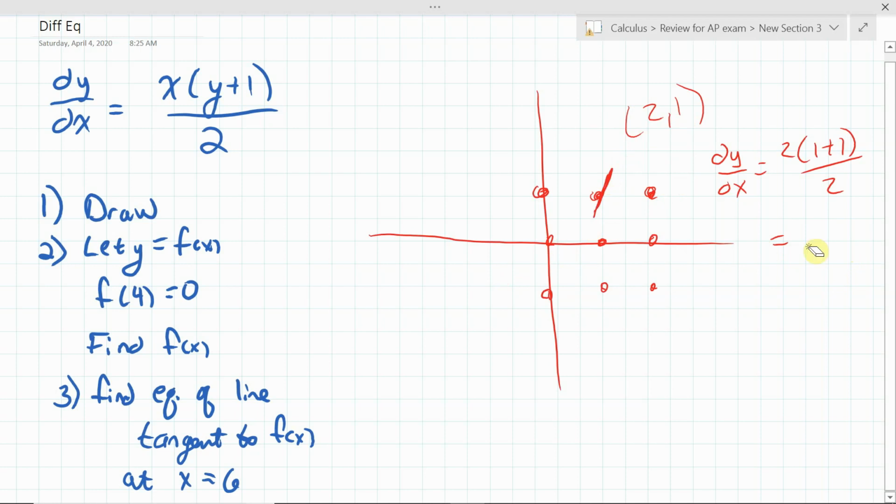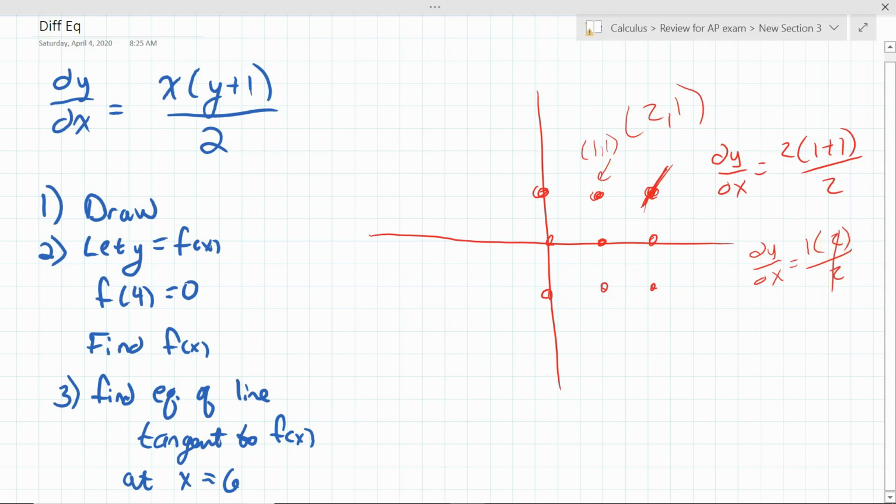Okay. So then if I ask another point, I'm sorry, that was 2, 1. I drew that in the wrong spot. So 2, 1 is here. So that would be our slope of 2. And now if I'm looking for the point 1, 1, I would put 1 into the equation for x and 1 into the equation for y.